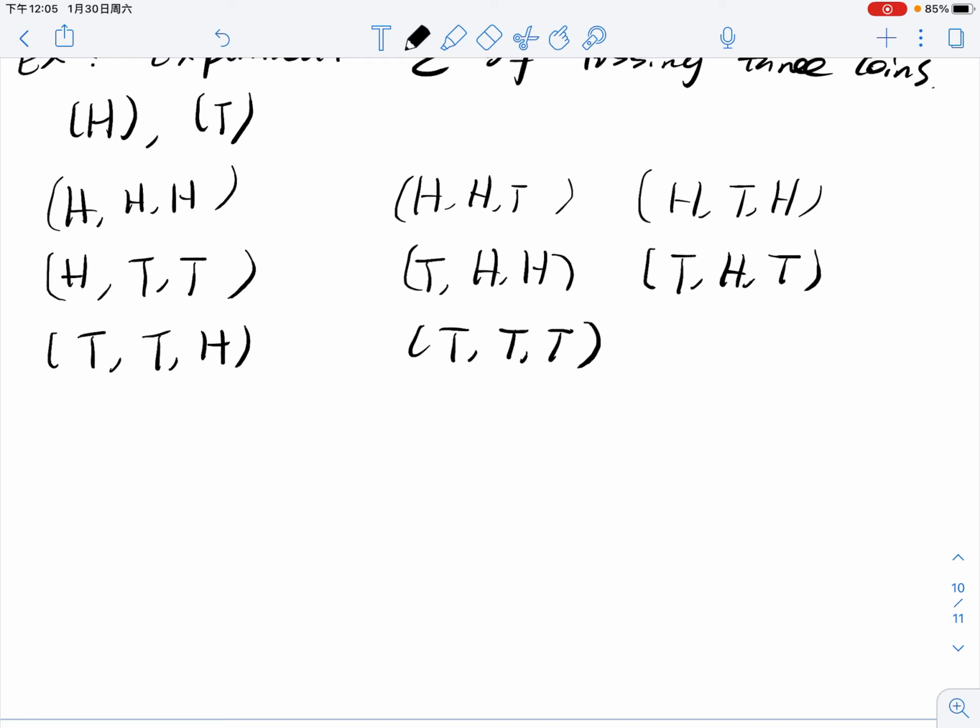It's just 2 to the third power, so it's 8.